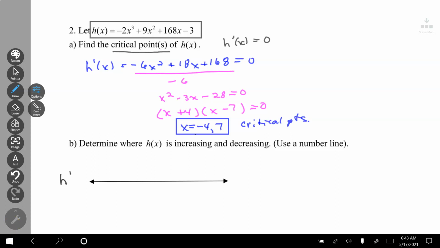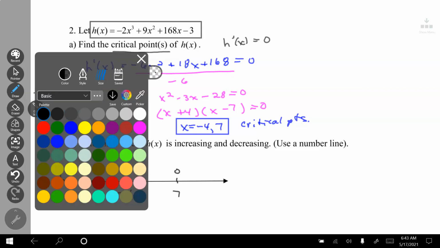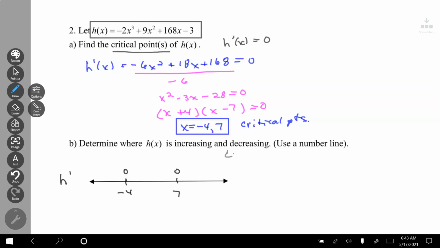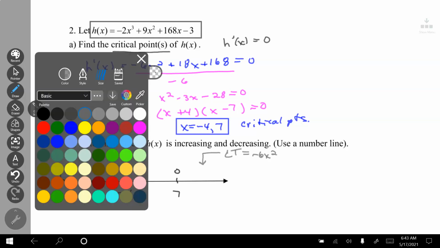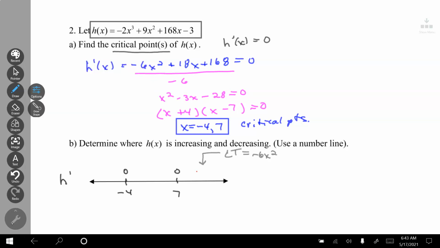I'm going to put these critical points on this number line, negative 4 and 7. These are my zeros for my derivative. Now, my leading term for my derivative is not x squared. It is actually negative 6x squared. If you pay attention to the original problem, that means the right side goes negative, the middle goes positive, the left side goes negative.